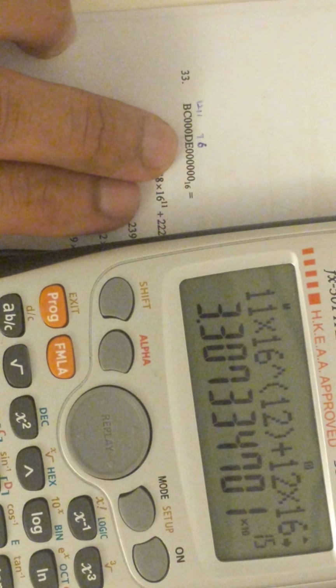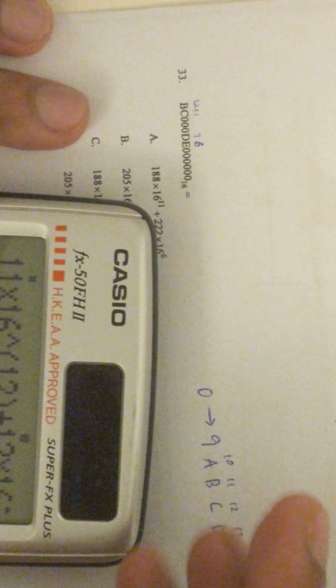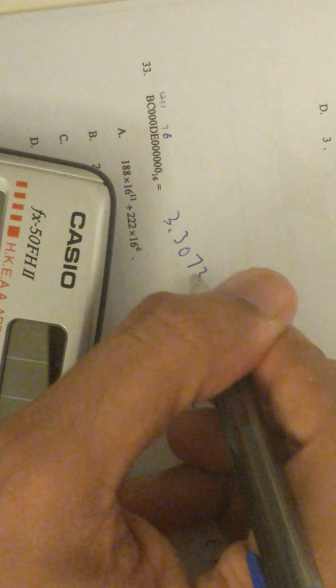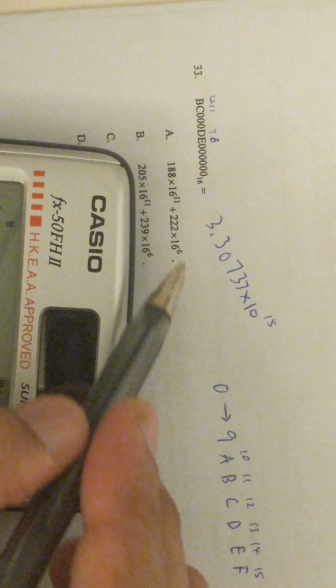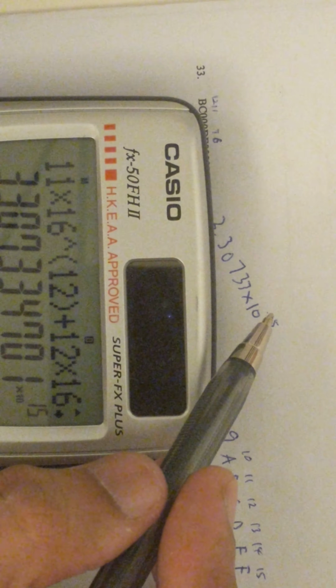So this is the answer you should get, 3.3, whatever that is, 3.30733 times 10 to the power of 15. So also write that down. So roughly is 3.30733 times 10 to the power of 15.